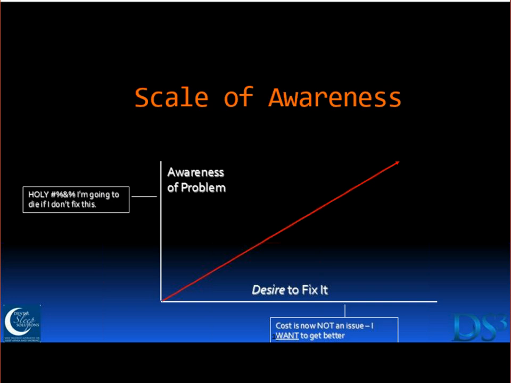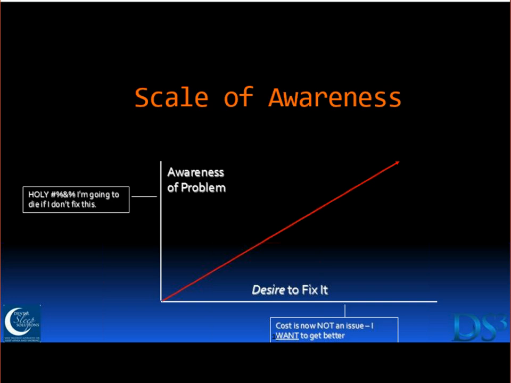We want to help our patients, but people don't desire to take care of something until they're aware of the problem. They have to be aware that there might be an issue, and that's what we're going to speak a lot about over this hour: making patients aware, identifying them. As their awareness goes up, any reasonable person wants to be healthy. I think that's a fair statement.